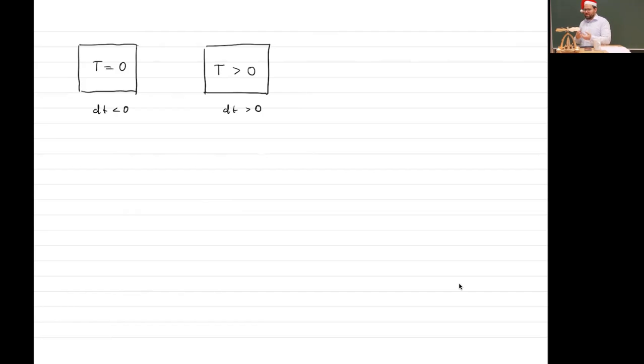Yeah, and these 2 heat baths coupled to different time directions makes the system allowed to go into the absorbing state, but never leave it.